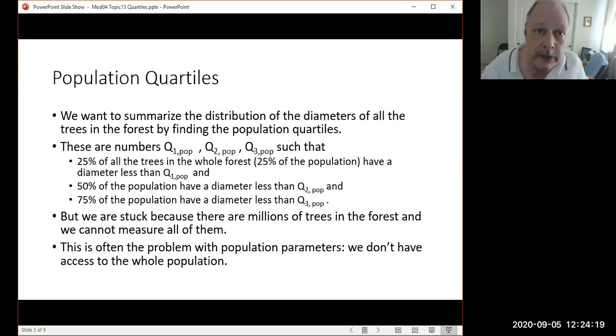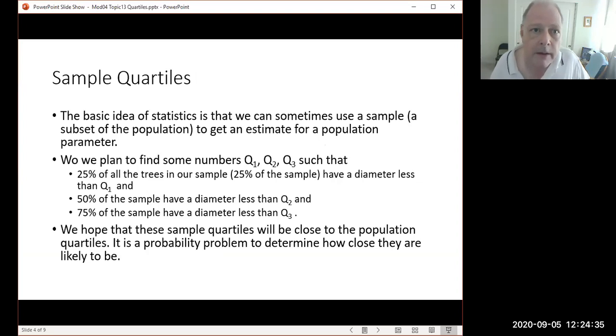That's why we use the word estimate, meaning we try to get close, but we cannot find it exactly because we do not have access to all of the individuals in the population. So the idea in statistics is that sometimes we can use a sample, a small subset of the population, to get an estimate for a population parameter.